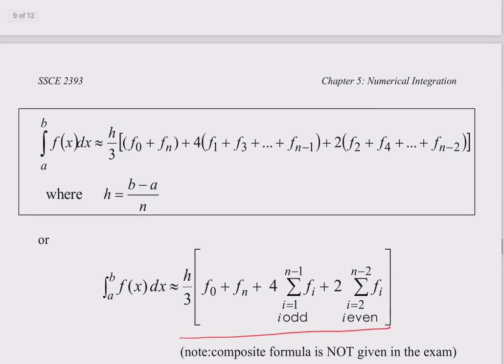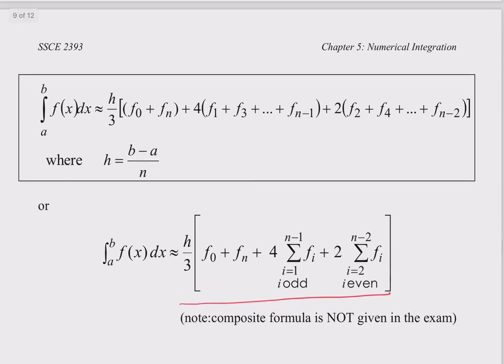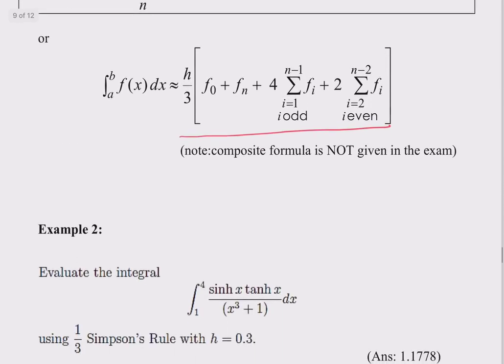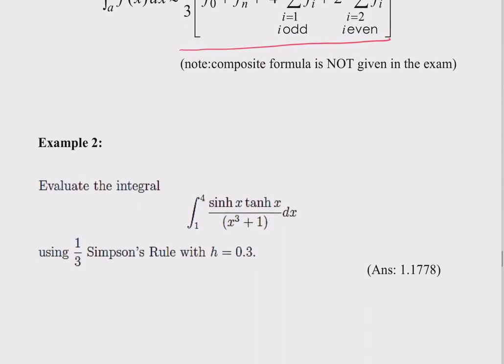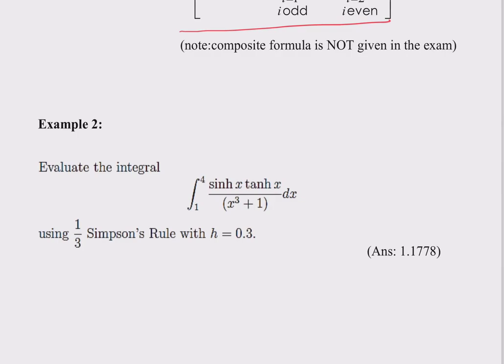Okay, and then we want to know how to apply this formula to this example. Evaluate the integral from 1 to 4 of sin x tan x divided by x cubed plus 1 with respect to x by using the 1/3 Simpson rule with h 0.3.